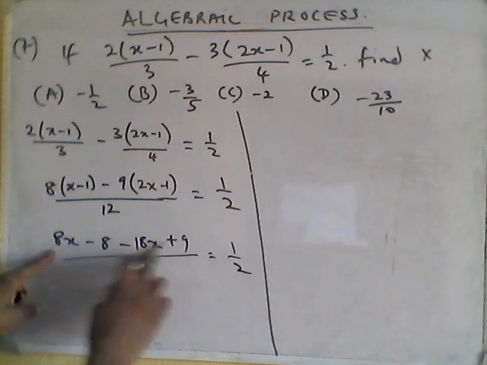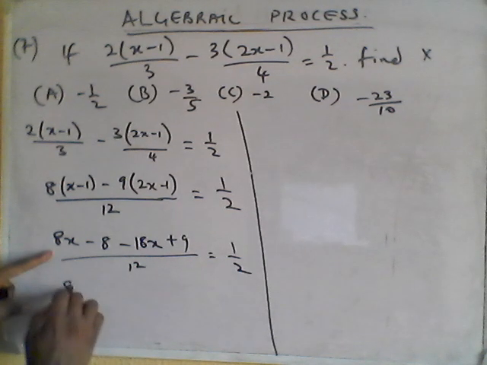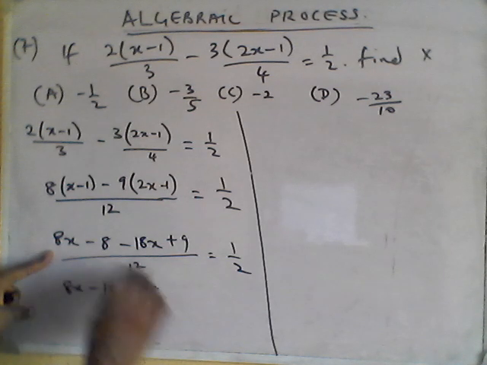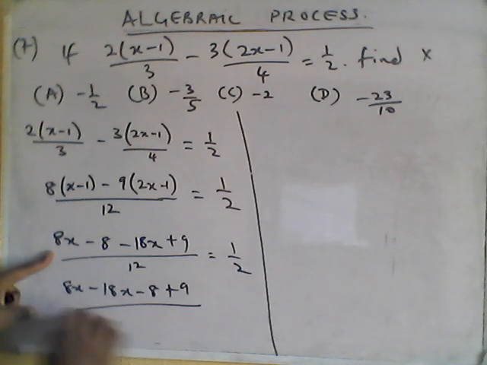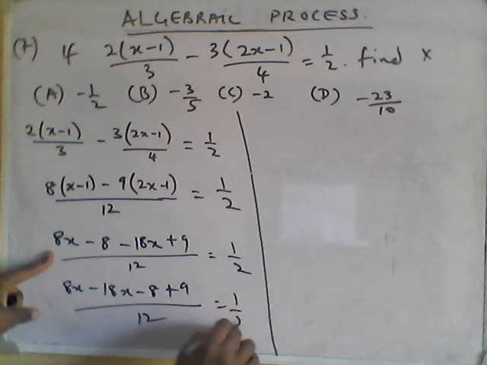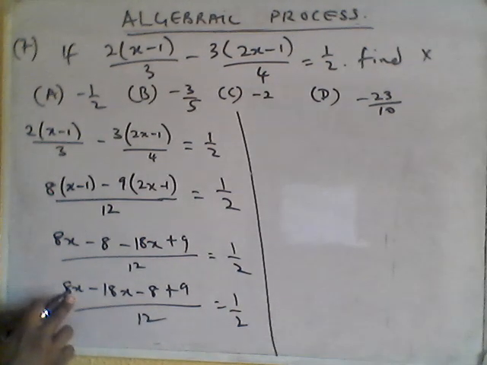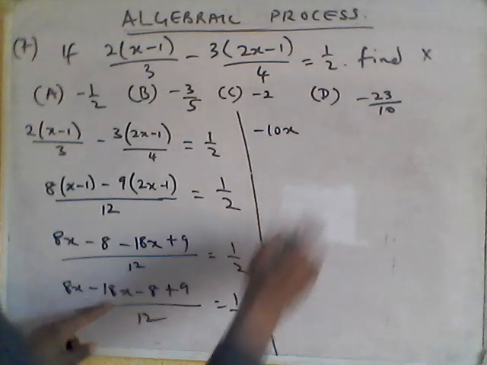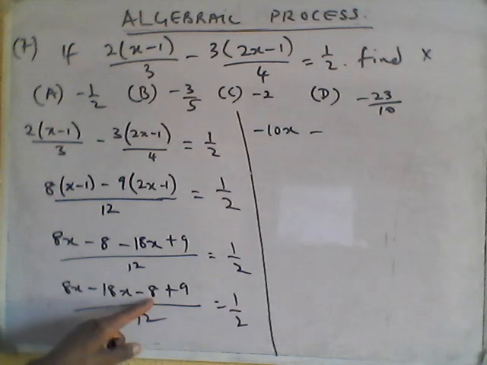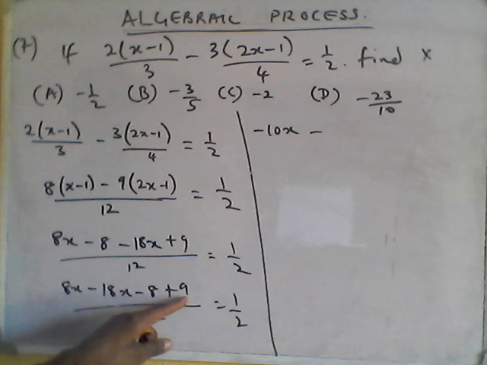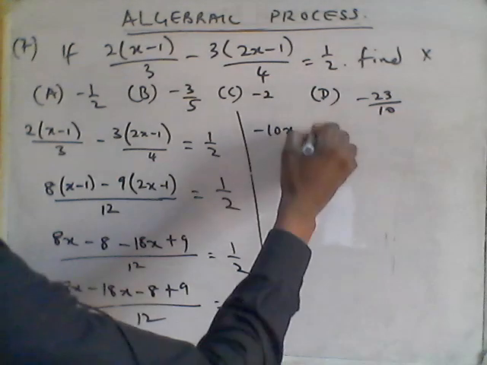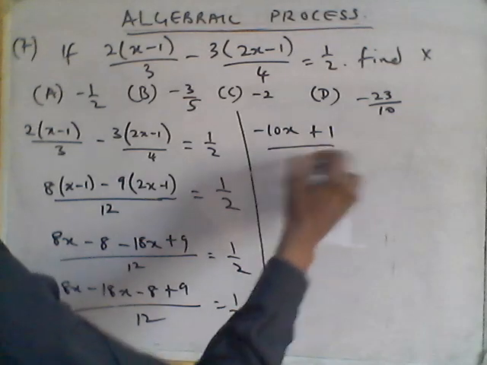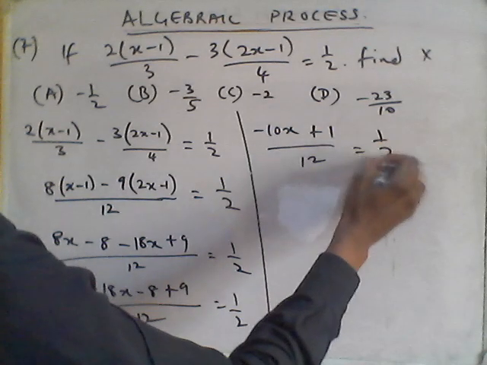So I collect like terms. 8x minus 18x, then minus 8, then plus 9 all over 12 is equals to 1 over 2. So 8x minus 18x is minus 10x, then minus 8 plus 9 is plus 1. Of course, that is 9 minus 8 is 1. All over 12 is equals to 1 over 2.